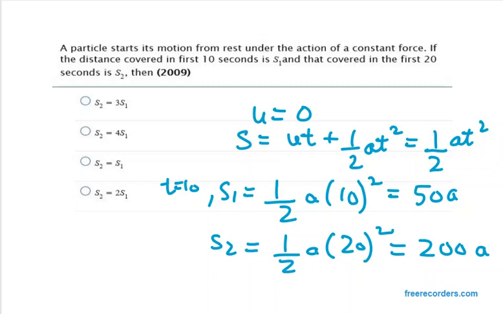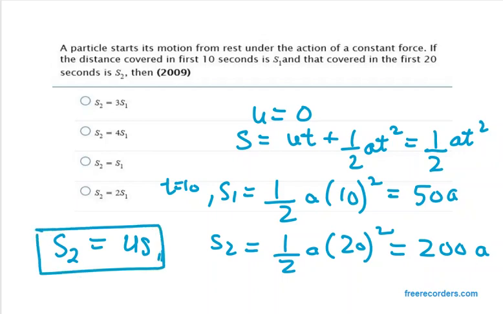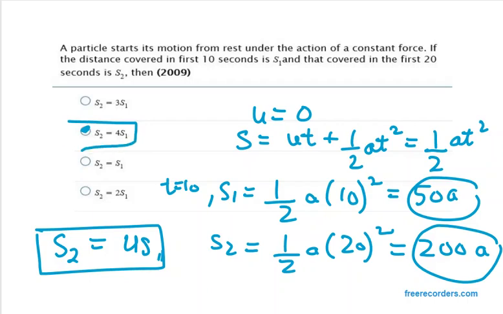So we need to find the relation between S2 and S1, and you can clearly see that S2 is 4 times S1. So I think this one is the second one. S2 is equal to 4 S1 because you can see here we have 50a as S1 and the S2 quantity is equal to 4 times S1. So the option is the last one.